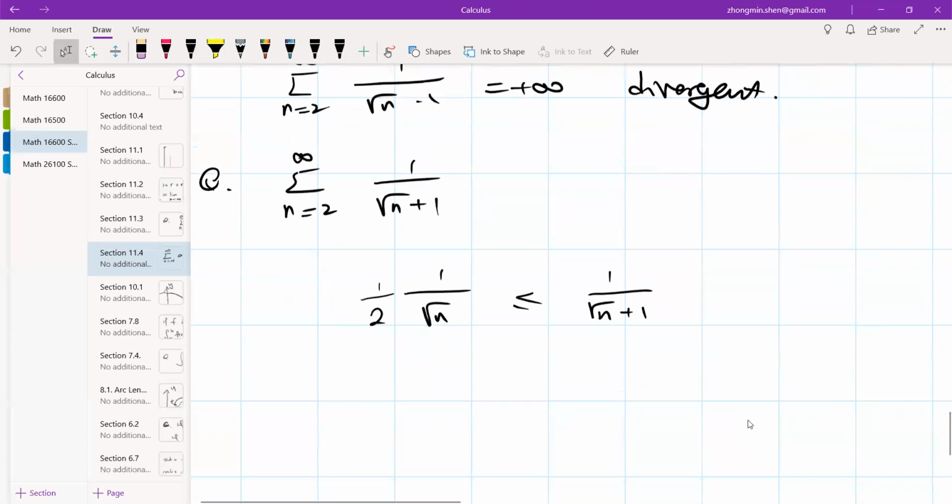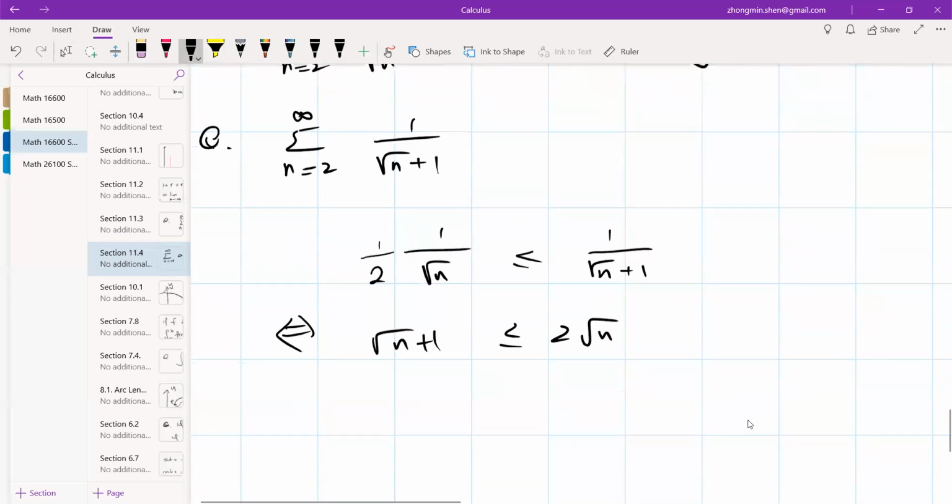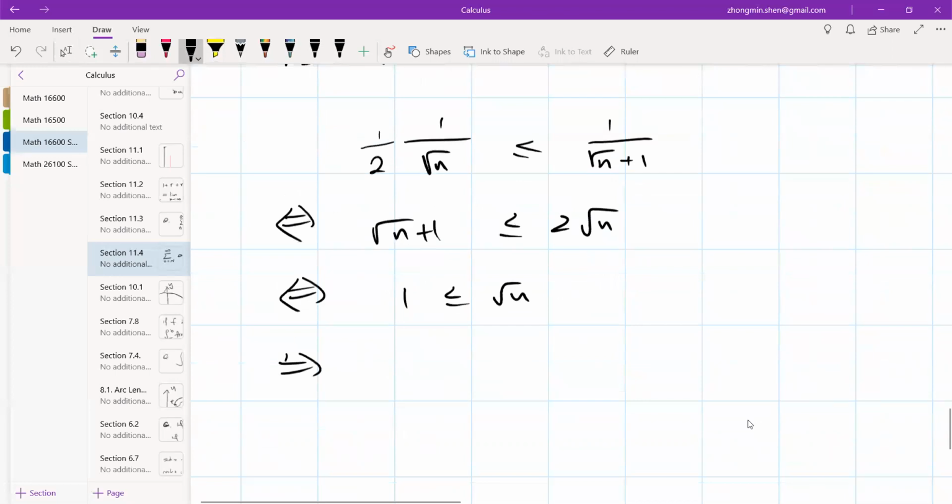Okay, let's try this. I'm not sure it's working. Let's simplify. Multiply both sides, and this will be root n plus 1 less than or equal to 2. It's the same. Then I see that 1 is less than or equal to root n. Then I square it, and those are equivalent.